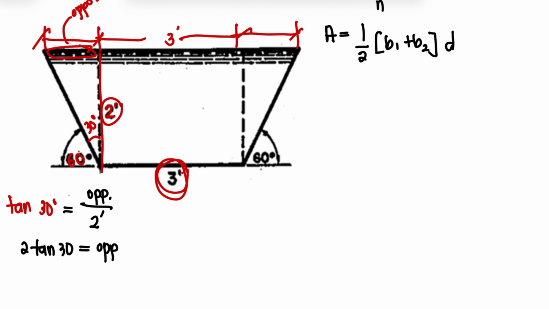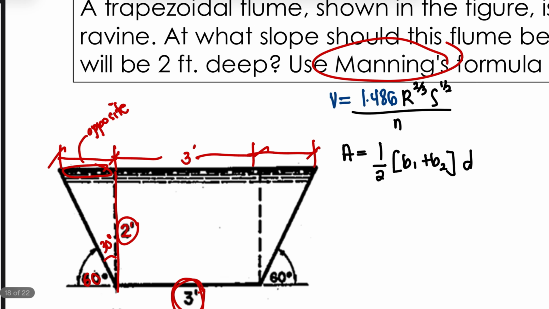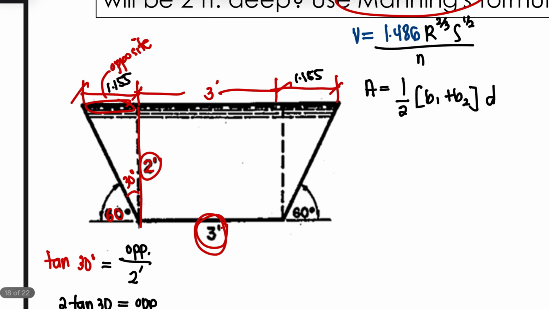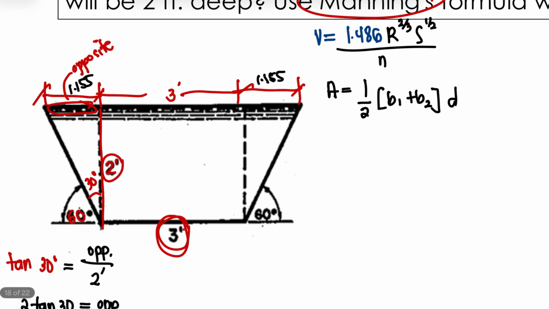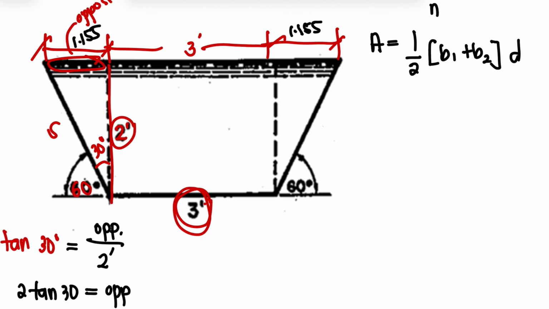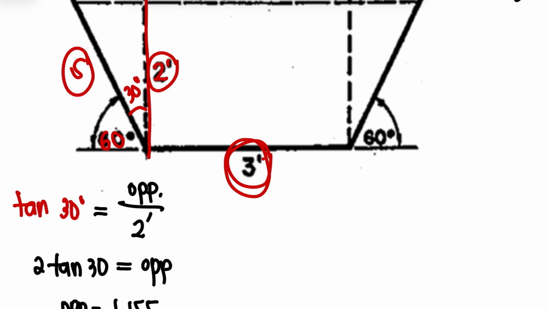Meron po tayong English pala. So we have 1.155. Are we done now? No. We also have the sides. So since this is just the same, we have a similar side, no? So for this side, we have the hypotenuse.